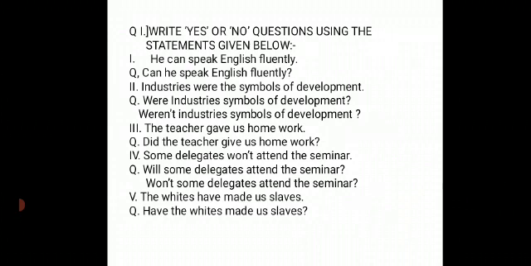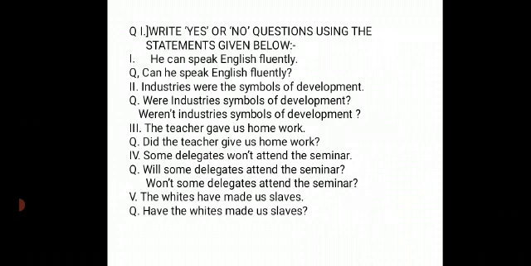Now, just write yes or no questions using the statements given below. In your examination the statements will be given and you have to frame the question. First one is, he can speak English fluently. Now here can is the auxiliary verb.